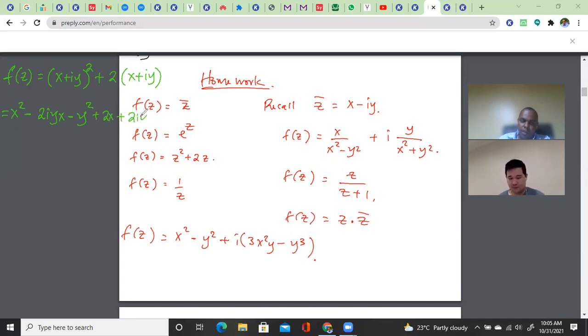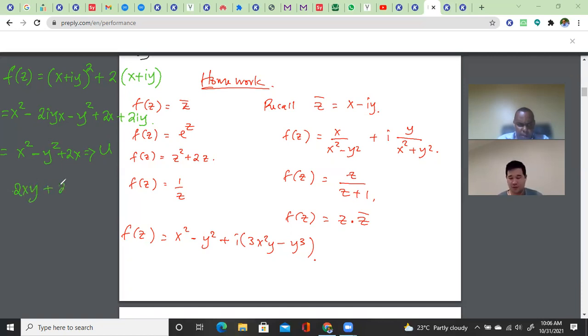For the u section, I've got x squared minus y squared plus 2x. It's our u section. And the imaginary part is the v, it's 2xy plus 2y.